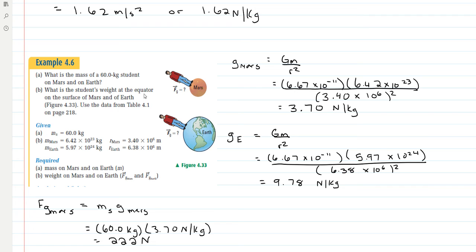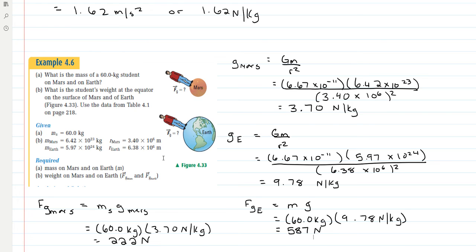And then for the FG of Earth, the mass of the student multiplied by the gravity of Earth, 9.78 Newton per kilogram, gives 587 newtons.